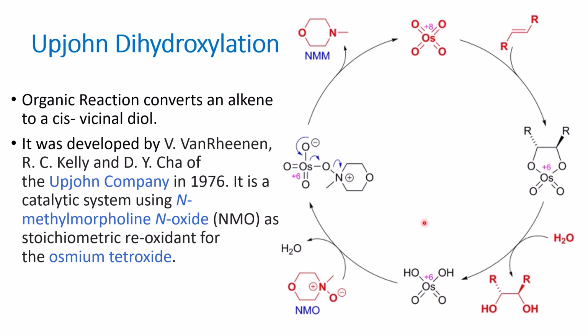This is +8, this is +6. NMO is then used as an oxidant and converts it back to osmium tetroxide with the formation of an oxidized product. So this oxidant is oxidizing only osmium, and osmium tetroxide is oxidizing the alkene to a cis diol.